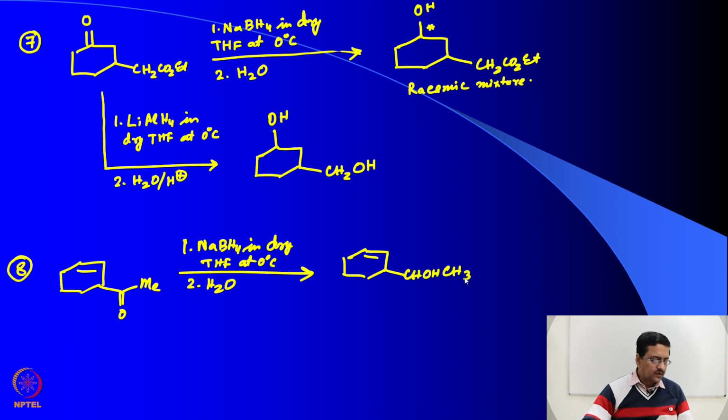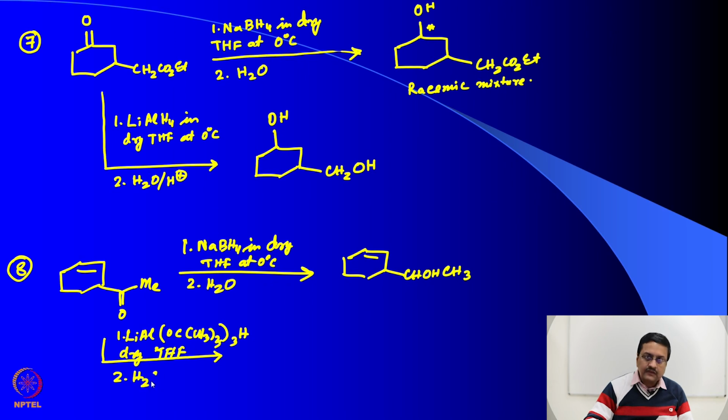If you do this reaction in the presence of a mild reducing agent, LiAlH(OC(CH3)3)3, which is a single hydride transfer reagent, and then in presence of dry THF as usual, do the hydrolysis, what you would get is an aldehyde instead of the alcohol.